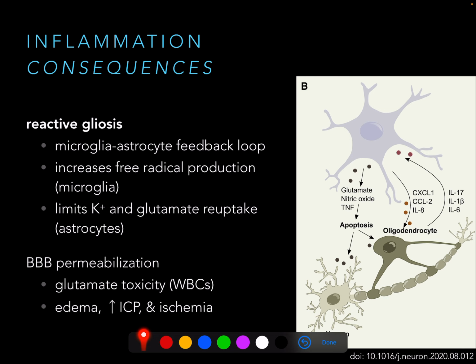Another problem, just fluid. Fluid can come into the brain, increasing intracranial pressure and potentially causing ischemia, making us run out of ATP, causing excessive depolarization of neurons and leading to either oncosis or apoptosis through glutamate toxicity yet again.